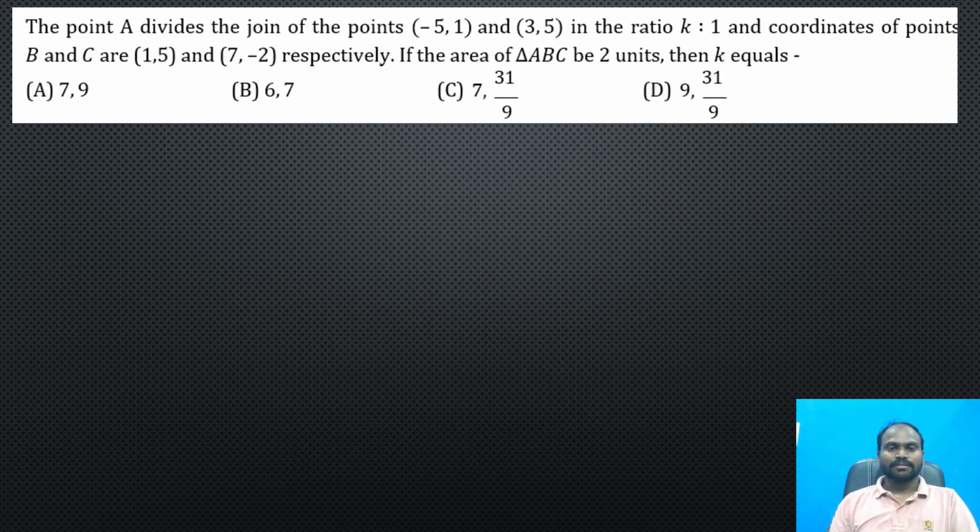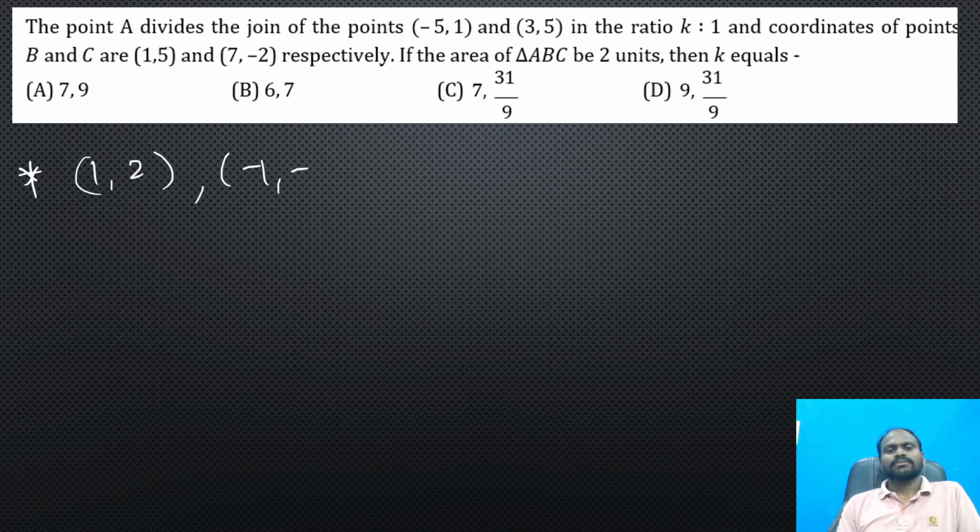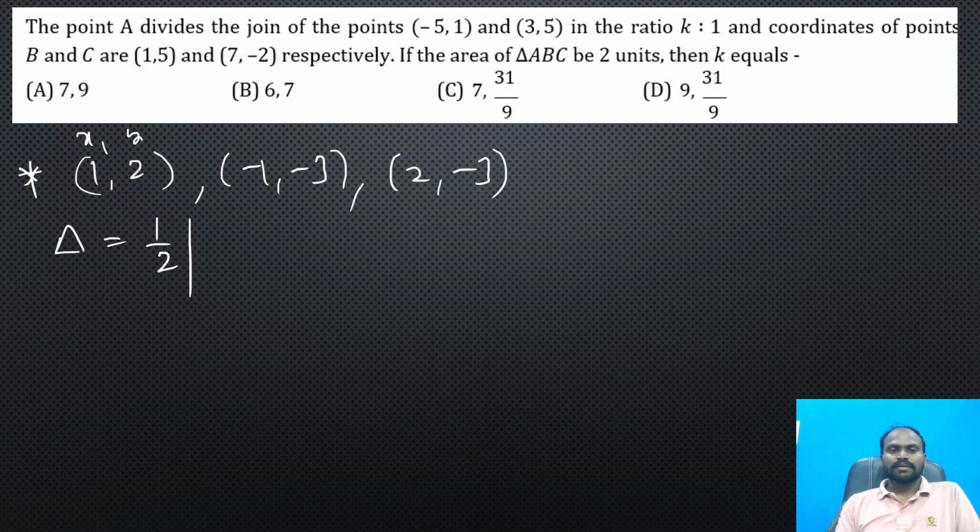Okay, before going to do this question, we'll do a small example. For example, I want to find the area of the triangle with points (1, 2), (-1, -3) and (2, -3). So delta is equal to half into, this is x1 y1, this is x2 y2 and this is x3 y3.